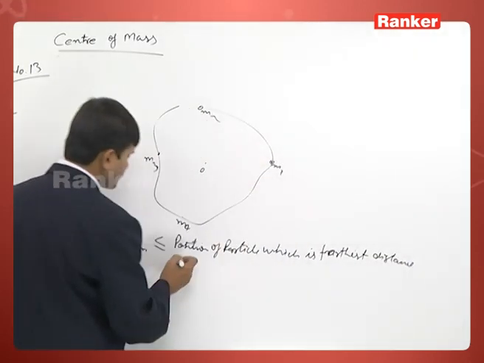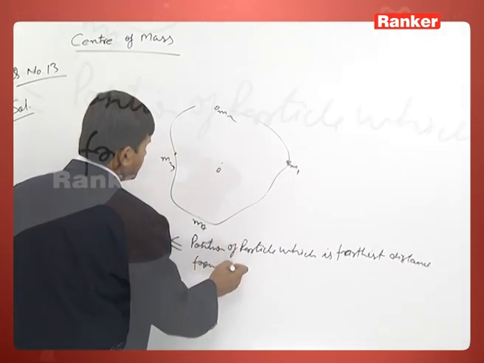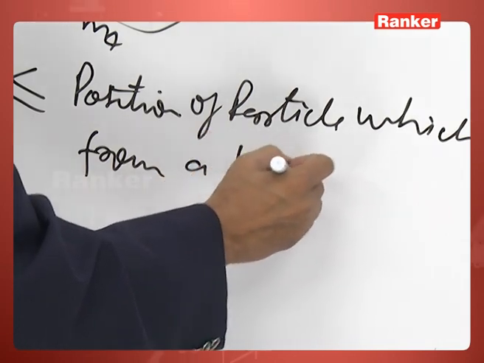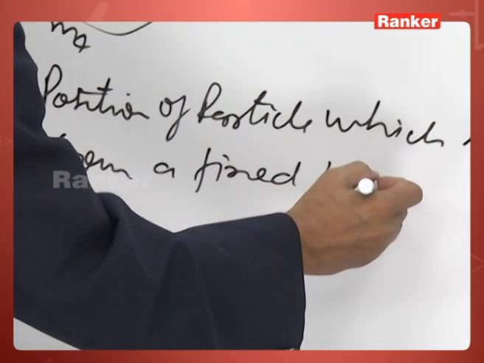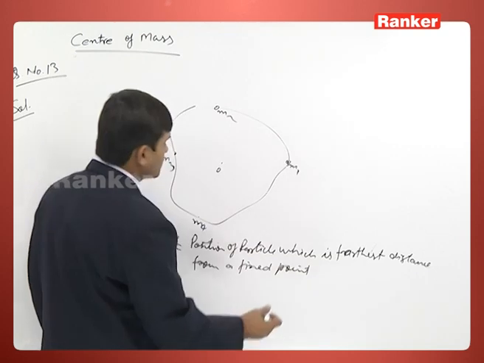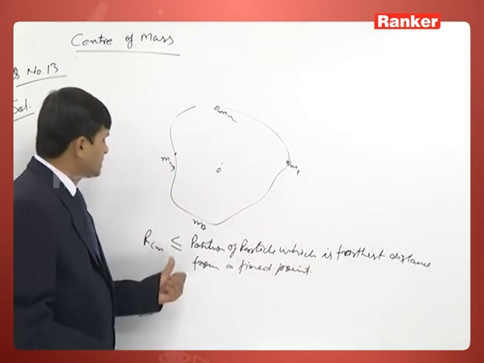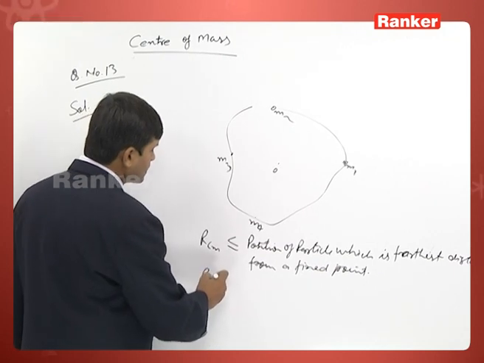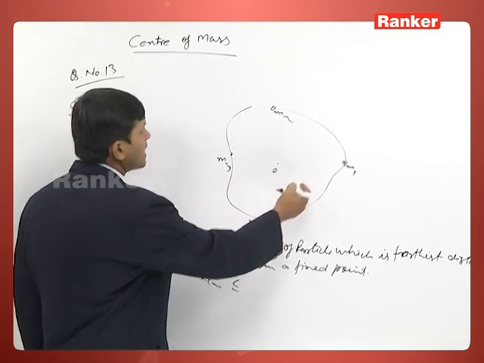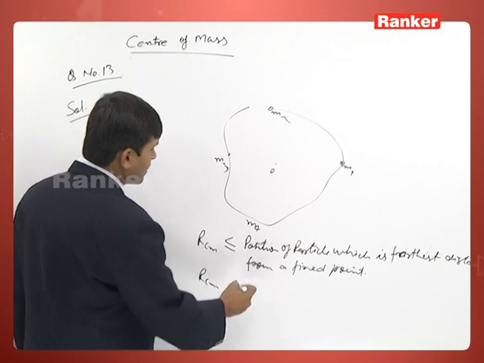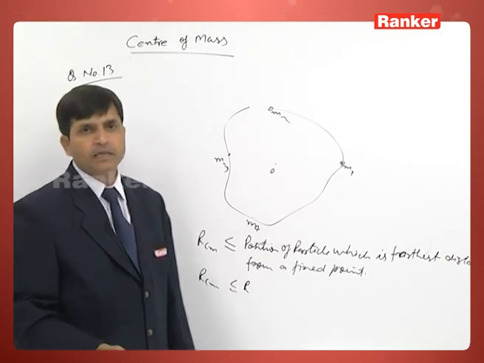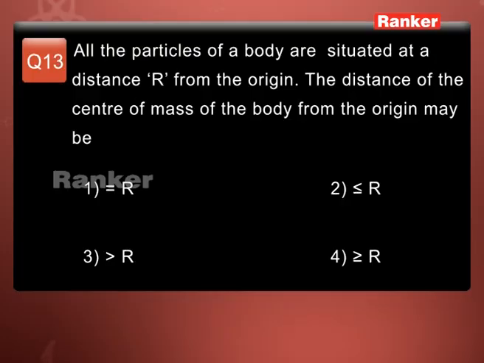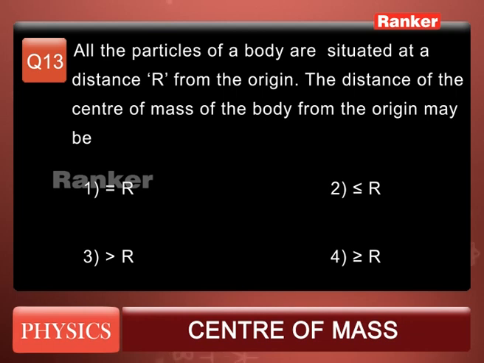According to the question, the maximum distance of all particles is R, so R_CM is always less than or equal to R. So, our correct option is option number 2.